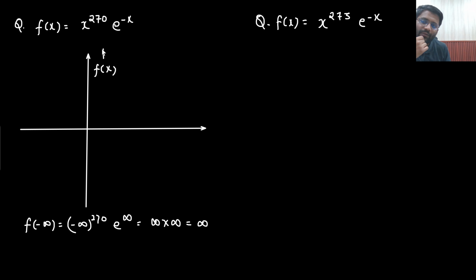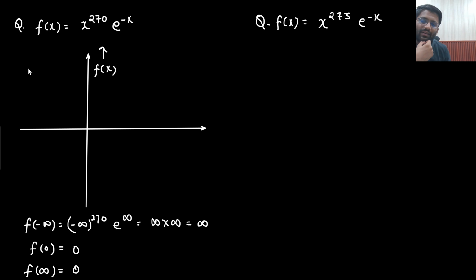What is the value of f of 0? F of 0 is 0 to the power 270 e to the power 0, that will be 0 only. Somewhere you will get the maxima. And what will be f of infinity? If you keep on doing the calculation, infinite to the power 270 times e to the power minus infinity, infinite into 0, it will come out to be 0 only.